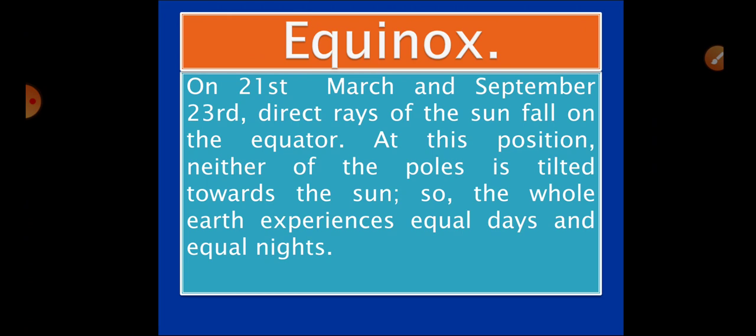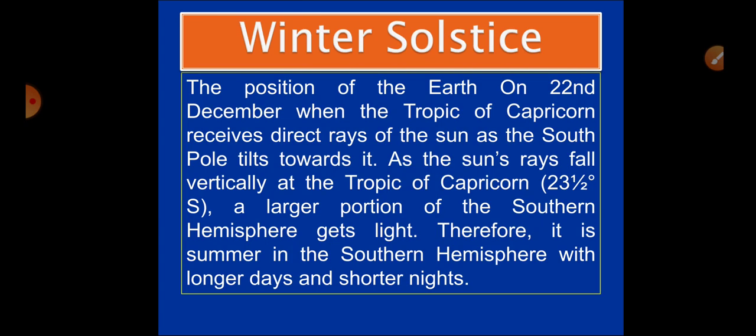And when it goes in the opposite direction in the month of September, you can say in the month of March, the southern hemisphere is receiving the light, and in the month of September, the northern hemisphere is receiving the light. So this equal day and equal night is on 21st March and 23rd September. It is called equinox. This you have to understand, what equinox is.